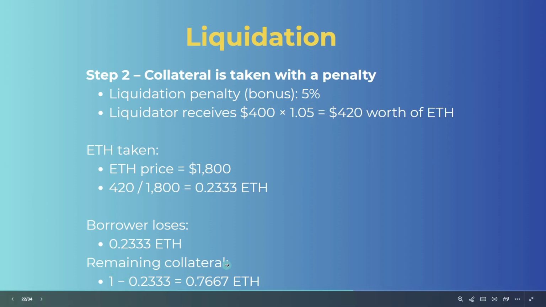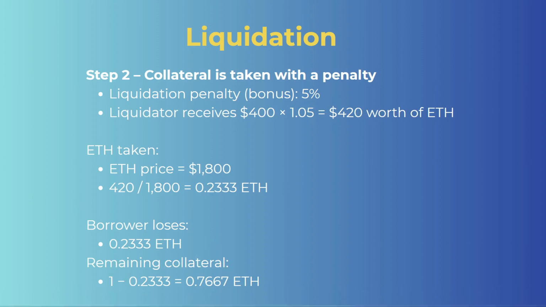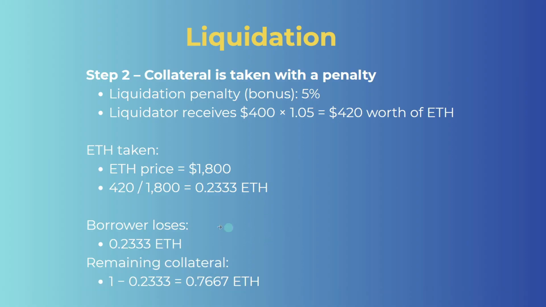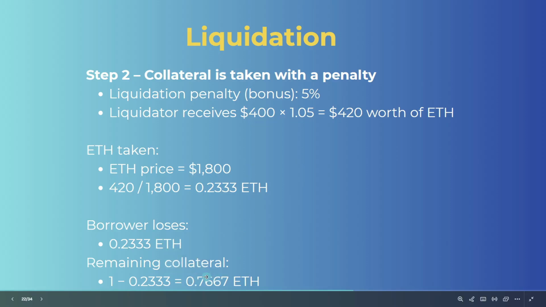So basically, the borrower loses the collateral that they provided to the protocol. In the end, they had one ETH minus the 0.23 ETH of collateral that they have lost.